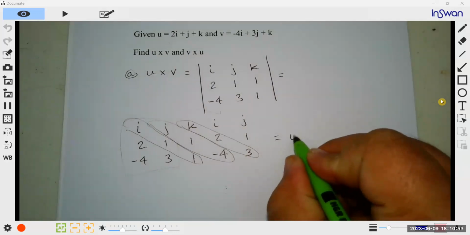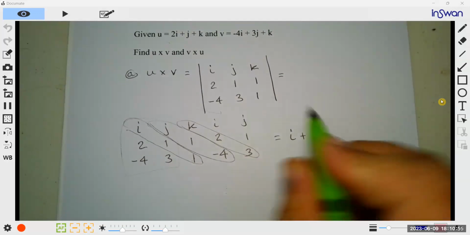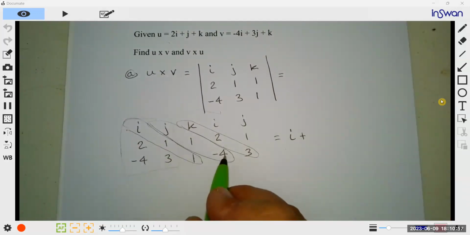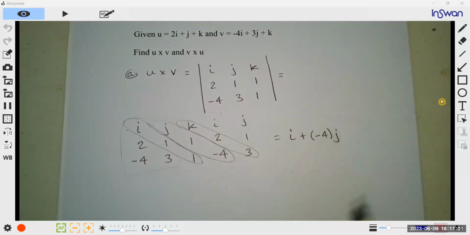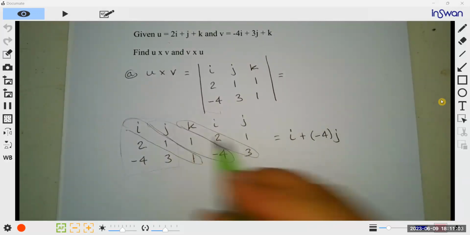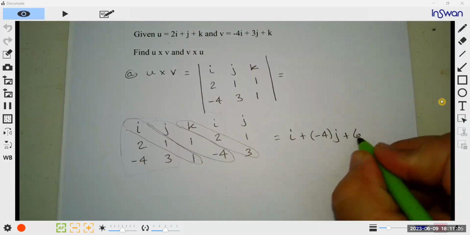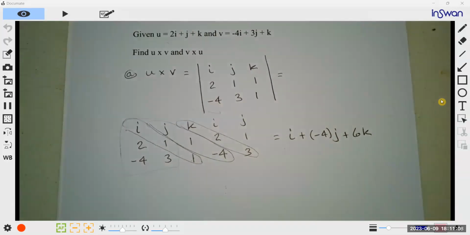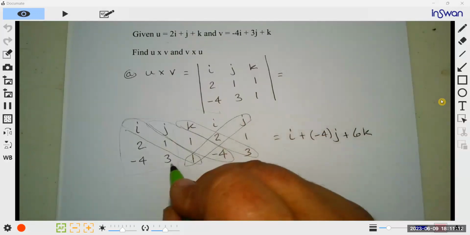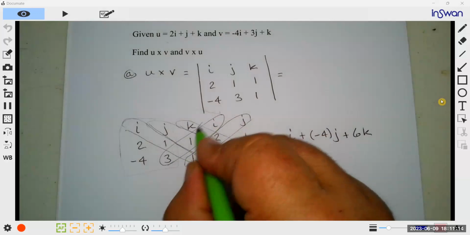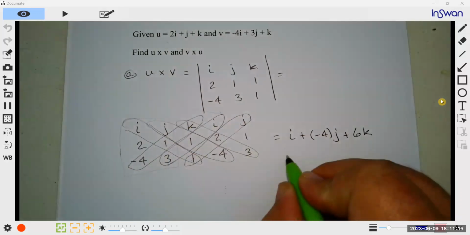So I have 1i plus 1 times negative 4 is negative 4j. 2 times 3 is 6, so it's plus 6k. Now, we do the opposite way. These three diagonals, we subtract.